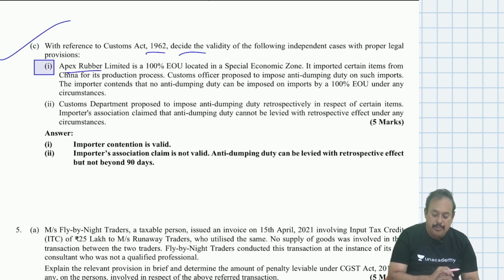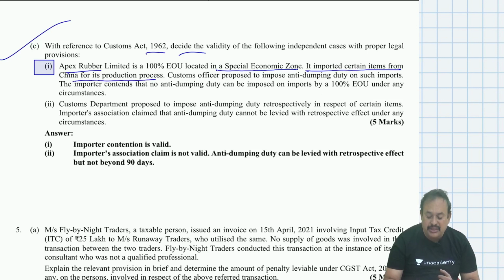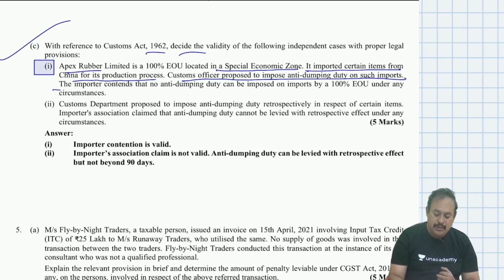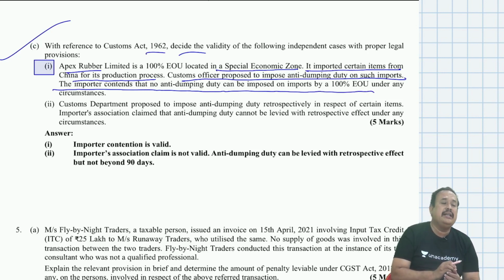Apex Rubber Limited is a 100% EOU located in a Special Economic Zone. It imports certain items from China for its production process. The customs officer proposed to impose anti-dumping duty on such imports. The importer contended that no anti-dumping duty can be imposed on import by a 100% EOU under any circumstances.